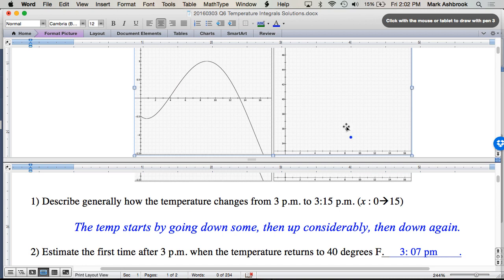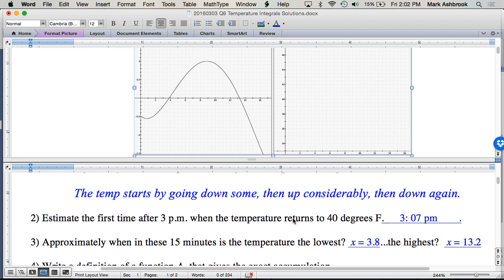I said around x equals 7 or 307, something like that. So you're just kind of eyeballing. I just said somewhere around here. All your accumulation from these negative constant rates would balance out with the accumulation from positive constant rates. Somewhere around 307. Questions so far?